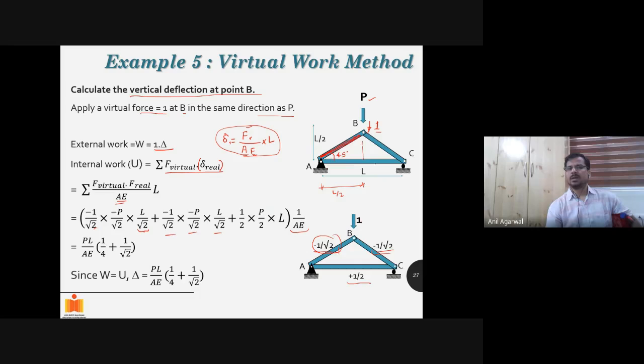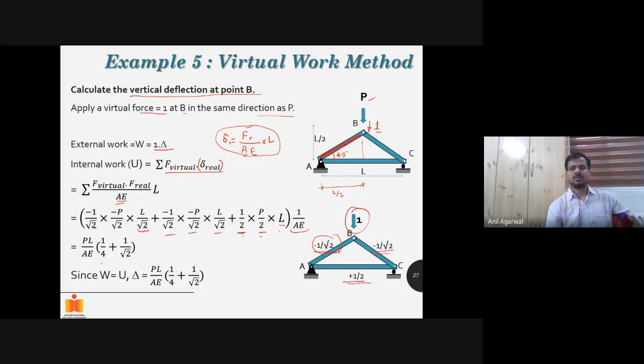Plus member AC. For member AC, for a unit load, you had a member force of half. Then if I apply P here, the member force will be P by 2. Multiplied by the length, because that's what we have: F virtual, F real, L, and 1 divided by AE was taken out.